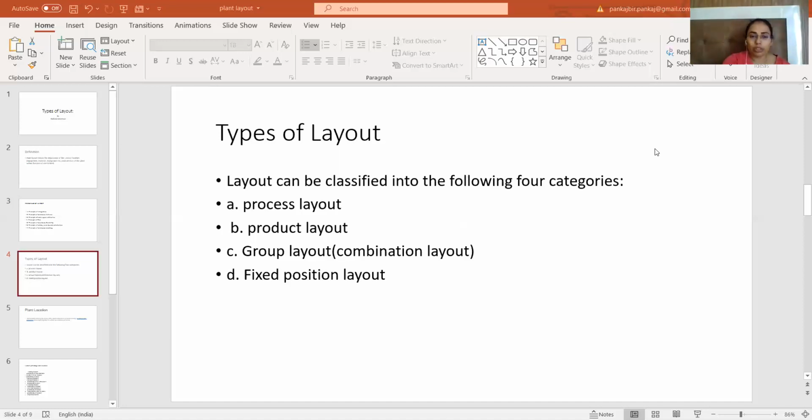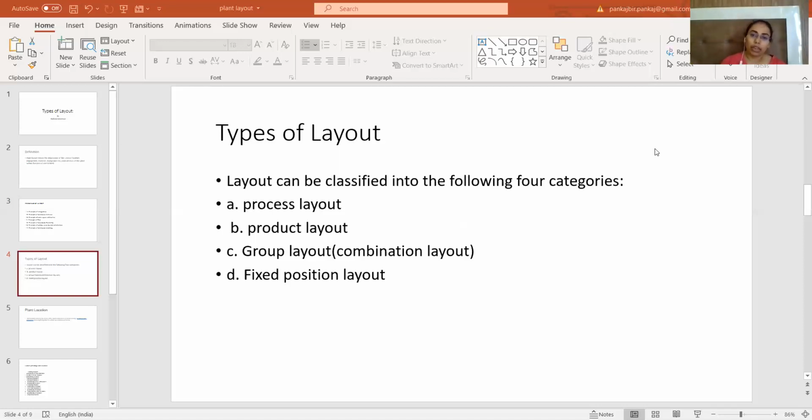The next type of layout is known as combination layout. What is a combination layout? It is a combination of product and process layout both. The combination or group layout has the advantage of both the product and process layout. The arrangement is according to the process layout, but the processes are grouped and arranged at one place according to similar kinds of activity or where a similar kind of product is made.